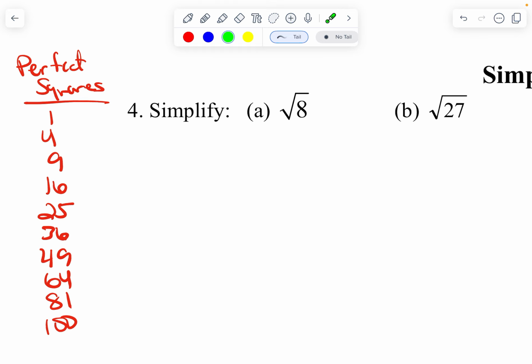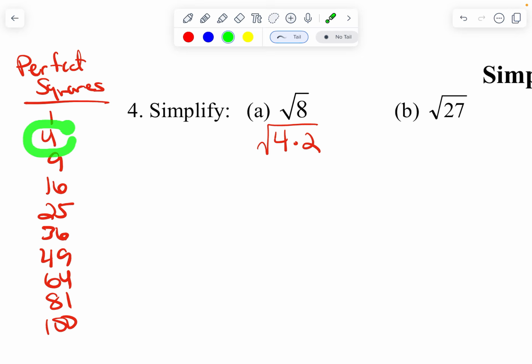Okay, so if you know those, one way to simplify the square root of 8: you'll notice 8 is not on this list, but the number 4 is. And so I can rewrite the square root of 8 as the square root of 4 times 2. We all know 4 times 2 makes 8. Now, why did I pick 4 and 2?